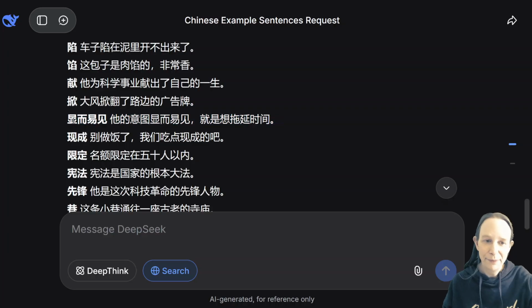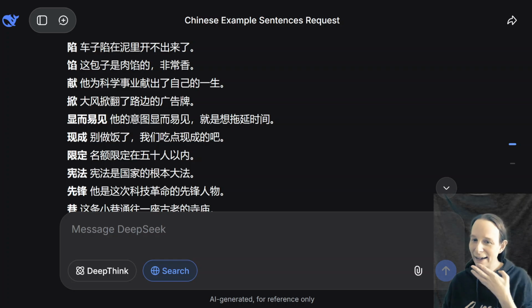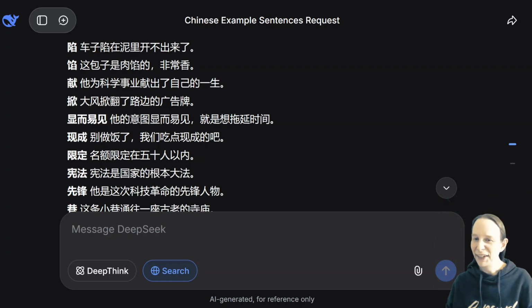显而易见. Yeah, this is a very common 成语. 显, conspicuous. 而, I think this is just and here. 易 is 容易的易, easy. 见, see. So it's conspicuous and easy to see. But normally you talk about something that's obvious as 显而易见. 他的意图显而易见, like his intentions are obvious.